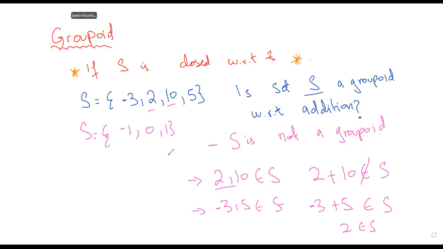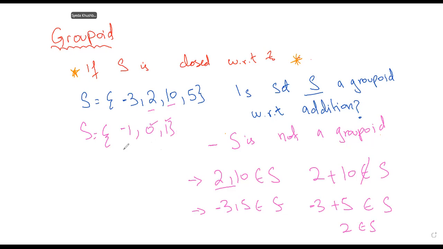Now if we add -1 and 1, we get 0. 0 belongs to set S. If I add 0 plus 1, I get 1. 1 belongs to set S. And then you'll be done with all the cases, right? So it is not necessary to have infinitely many elements in that set, but for understanding, you said it very well.